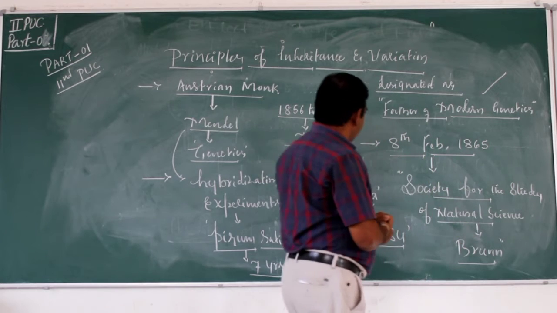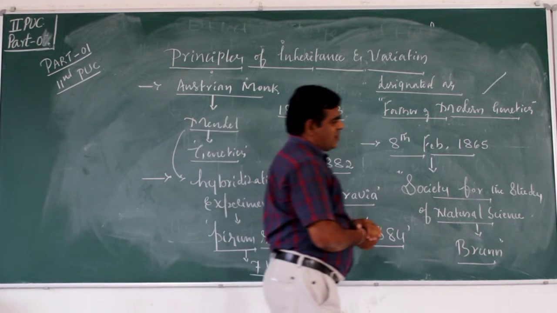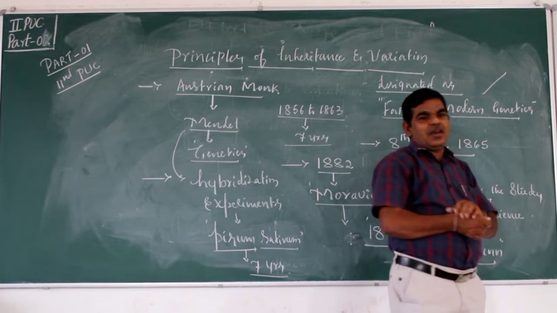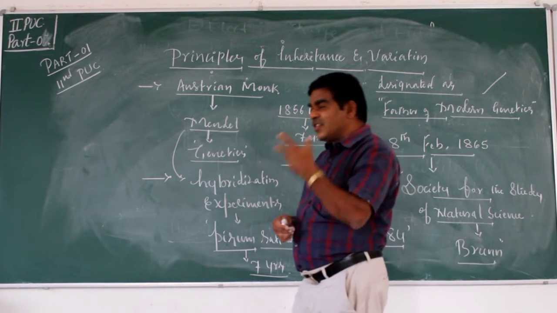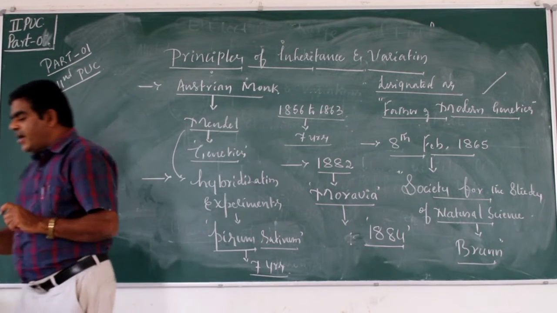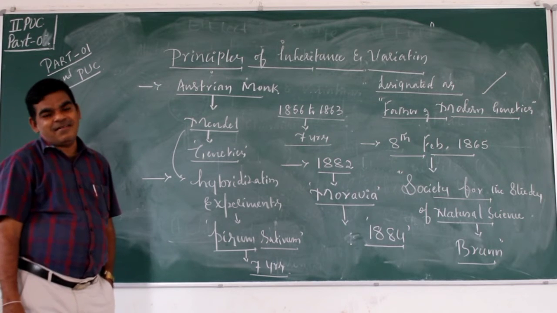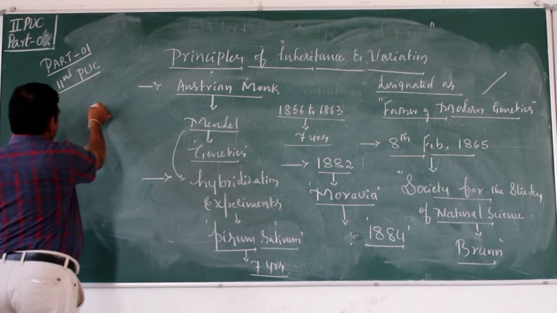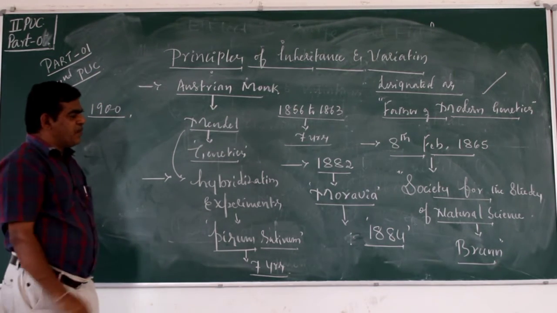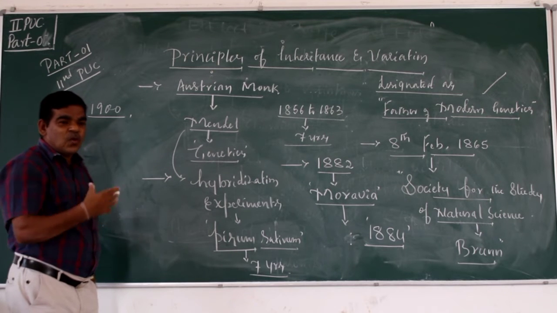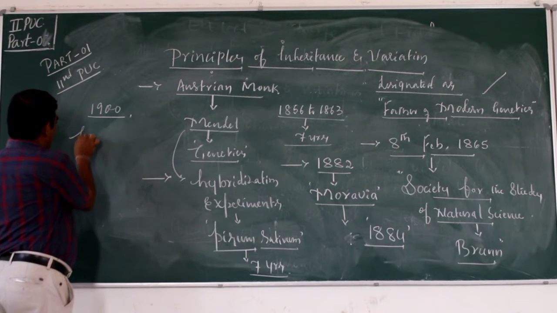After the death of Mendel, a team of three scientists, Hugo de Vries, Carl Correns, and Tschermak, rediscovered Mendel's principles in 1900.